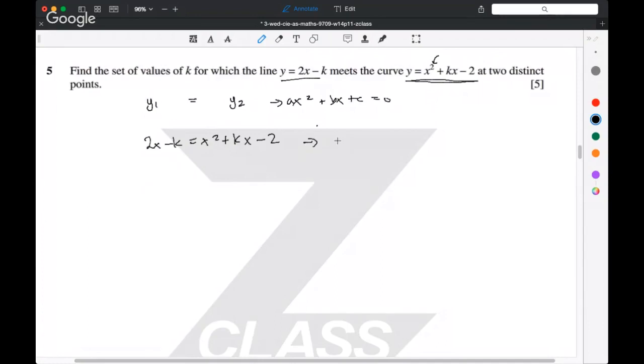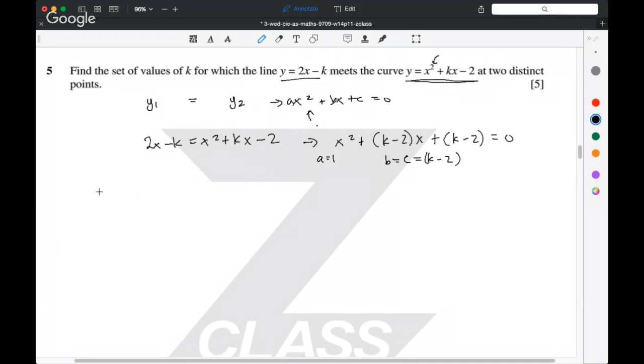So let's put this into standard form. x squared plus (k minus 2)x plus (k minus 2) is equal to 0. So a is equal to 1, b is equal to k minus 2, and c is also equal to k minus 2.